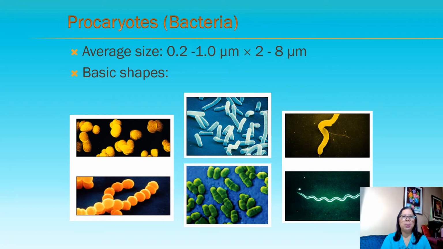So the average size of a bacteria comes in at 0.2 to 1.0 micrometer by 2 to 8 micrometer. So in terms of length, they might be long, but in terms of width, they could be that small.